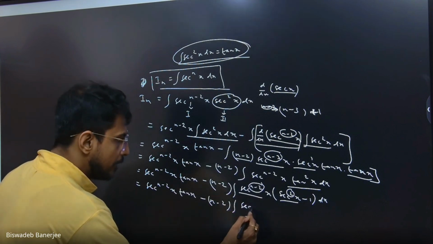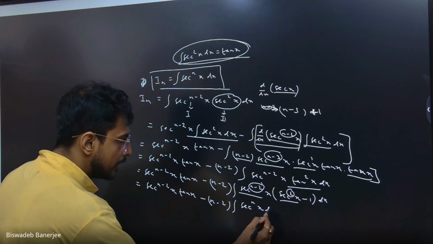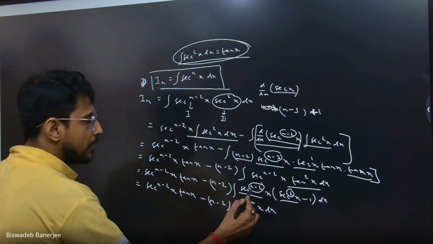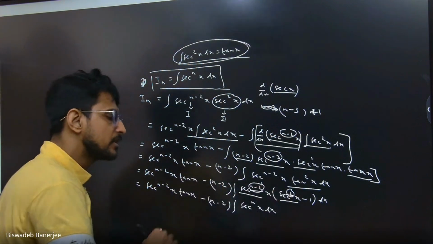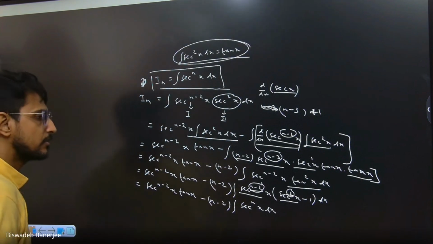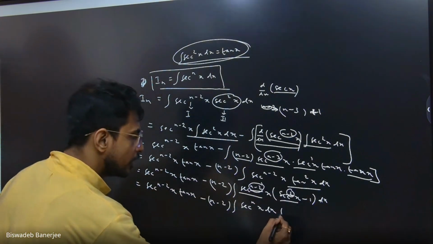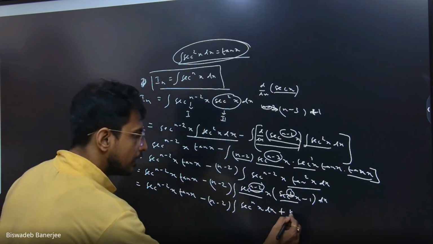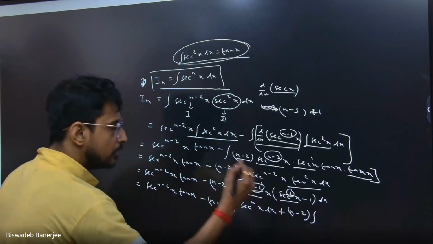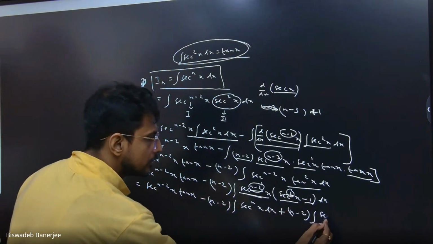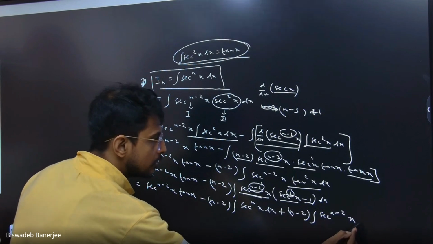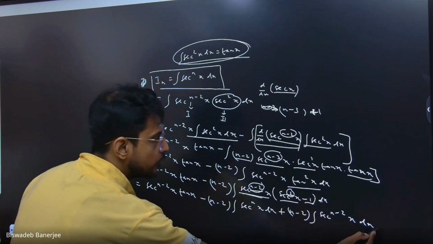So my final power becomes sec to the power n x dx. Minus 2 plus 2 gets cancelled. This becomes sec to the power n x. Then minus minus gives you plus n minus 2, integration of this into 1, giving you sec to the power n minus 2 x dx.